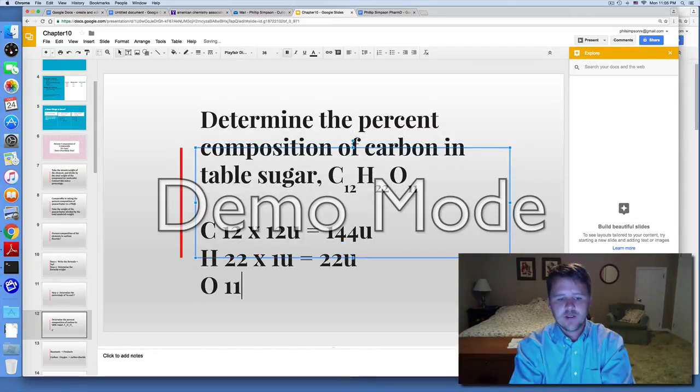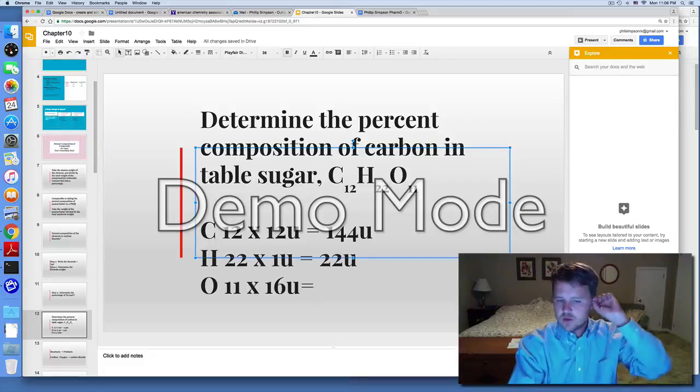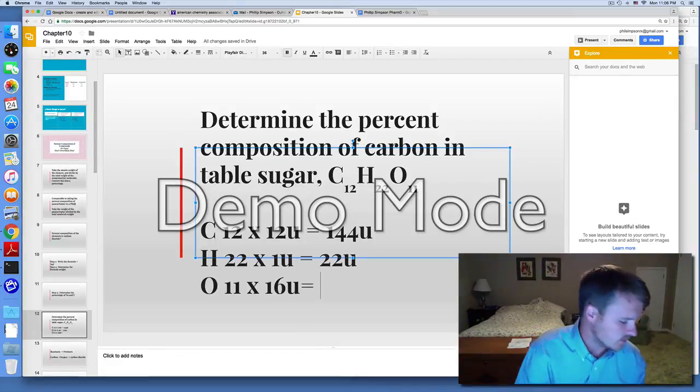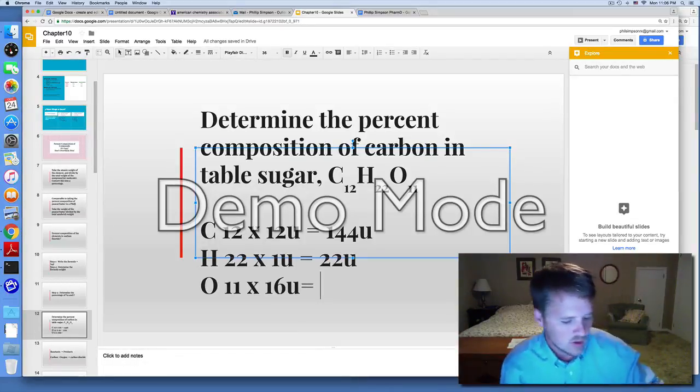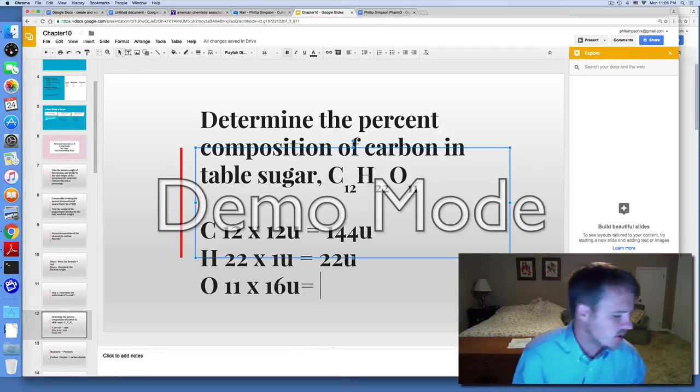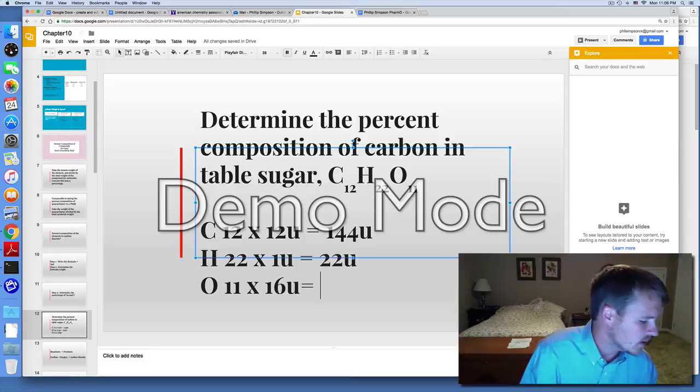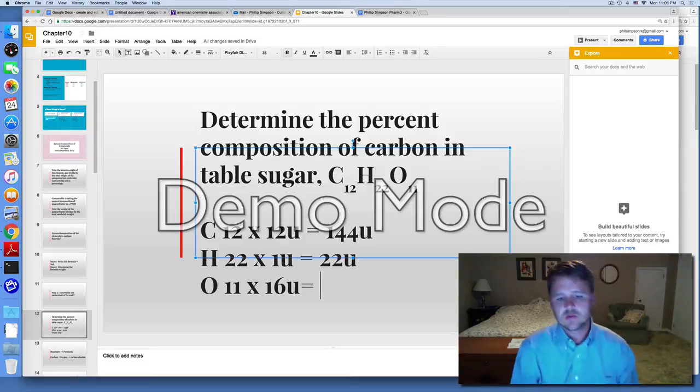Oxygen is 11 times 16 units, which equals, I don't even know this. Does the book have an answer? No. Well, let's see. 10 times 16 is 160, so 176.